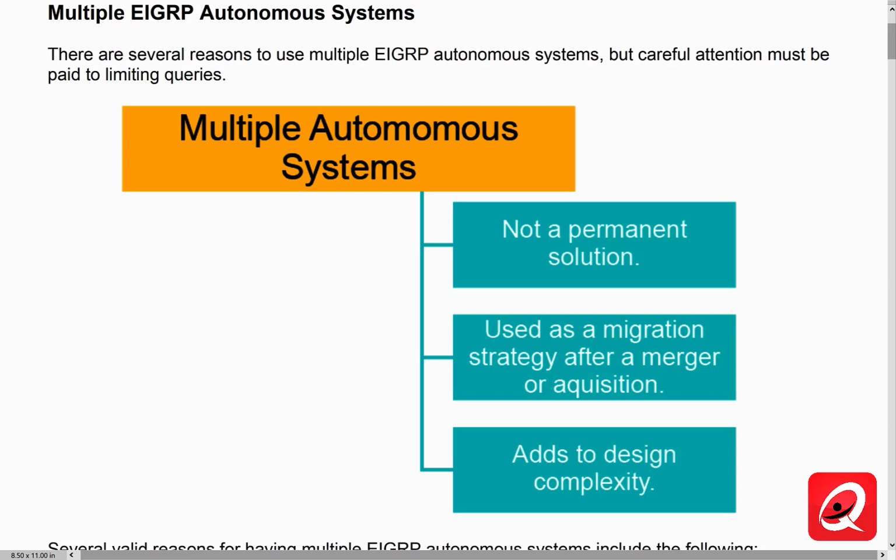Typically, it's a migratory solution where maybe you've acquired another organization or another company, and you're in the process of trying to merge the domains together so you have multiple autonomous systems. It's much more complicated. Redistribution does happen automatically, and the metrics are compatible, right? EIGRP understands what the metrics are, but you still have some things to consider.